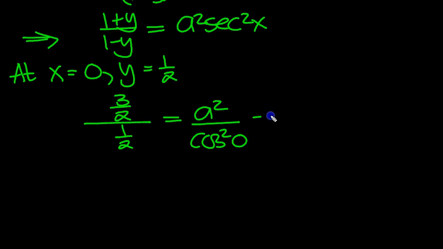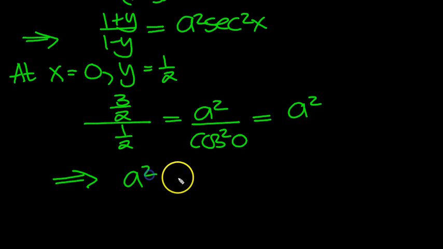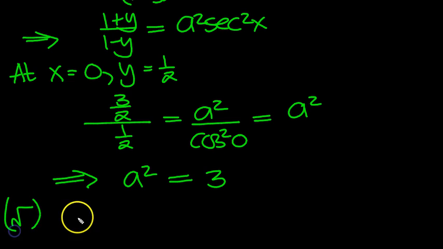We've got cos squared 0. Cos of 0 is 1, so we're just left with a squared. So this implies then that a squared was equal to, the halves cancel, and it's just 3 over 1, which is 3. Or a half goes into 3 over 2 three times. It's the same thing. Square root both sides, and we get a equals plus or minus root 3.